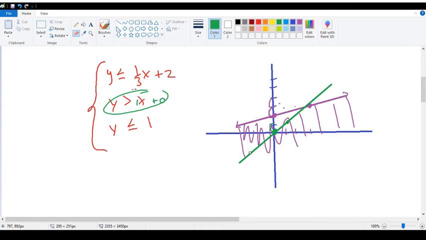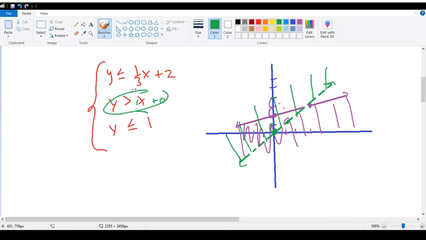It's not equal to. So let's make this line dotted. All right, dotted line, and we have to shade above. It's more than, so you shade above this line.